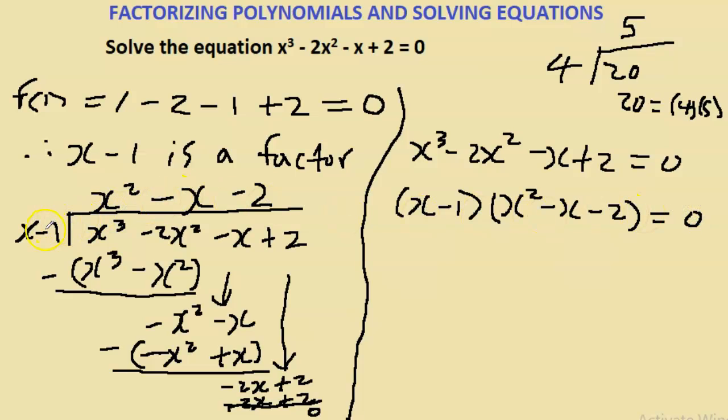Alright? So the divisor times the quotient gives you the dividend. Just as 4 times 5 gives you 20, x minus 1 times the quotient here gives you the dividend. Alright, and that's how we can move from here to here.